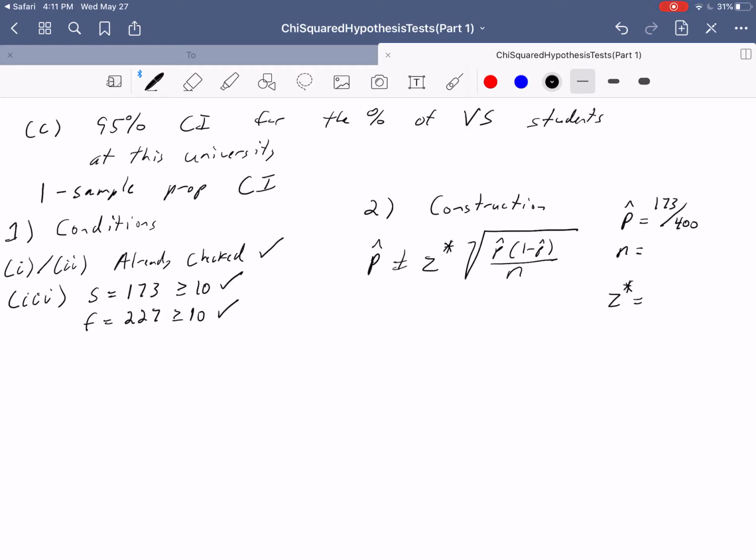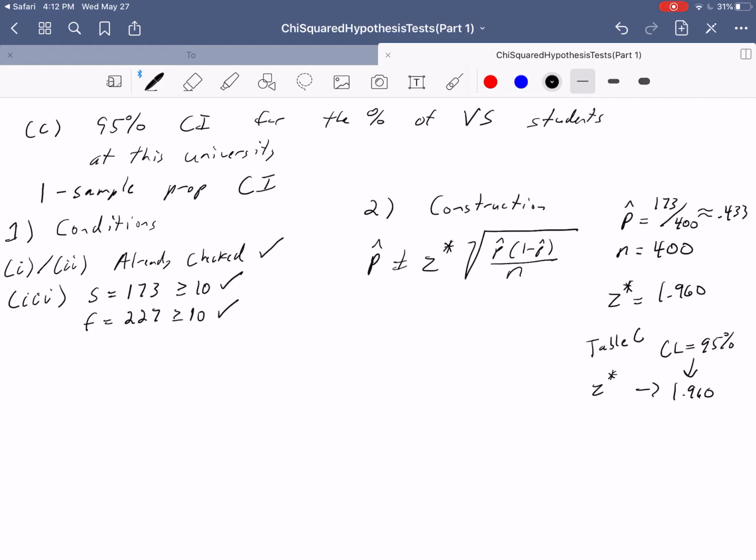That comes out as approximately 0.433. So 43.3% of students in our sample were very satisfied. n was 400, and z star we looked up on table C. For a confidence level of 95%, we've done this a bunch, we know that this is 1.960.